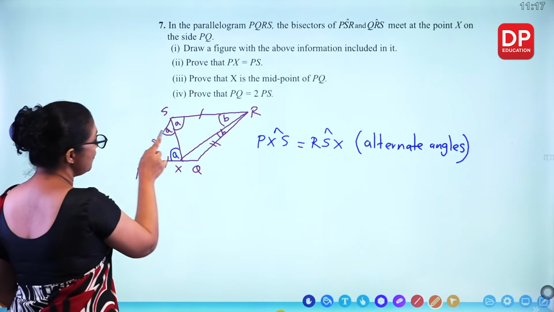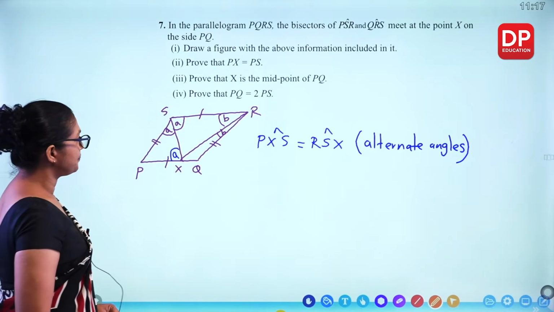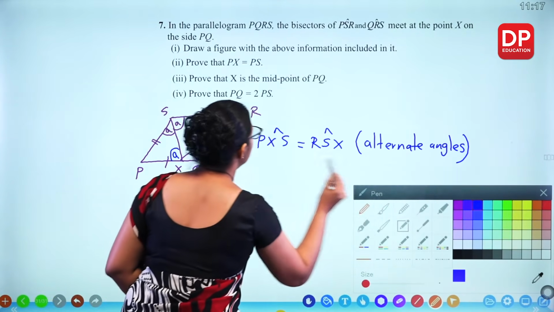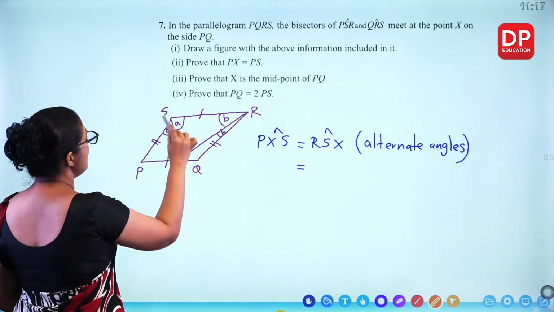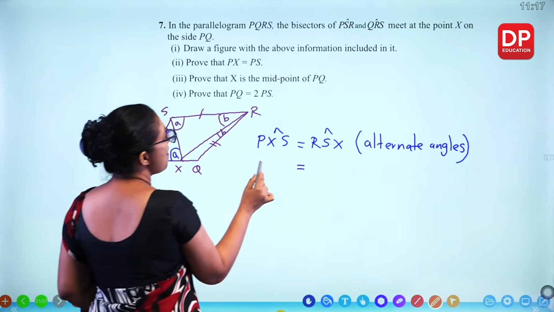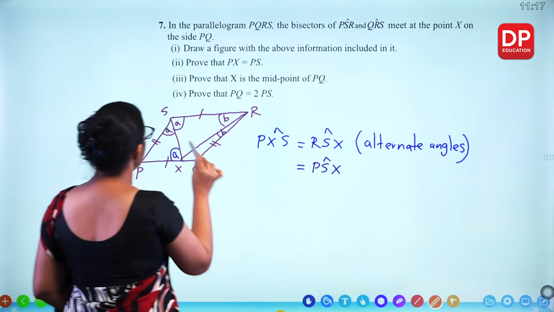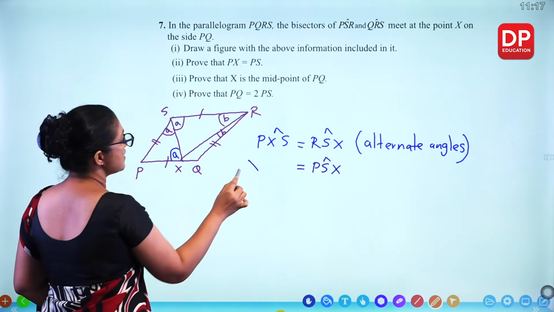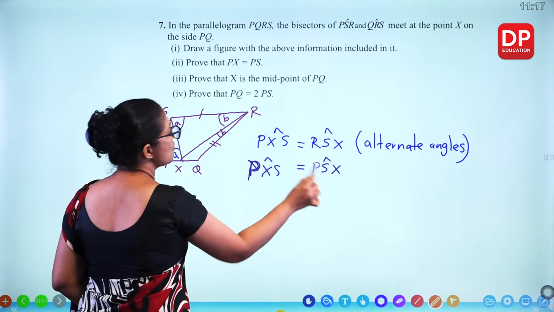And also we see now these two also equal, A and A. That's also equal to this angle PSX. PSX is equal to PXS angle.